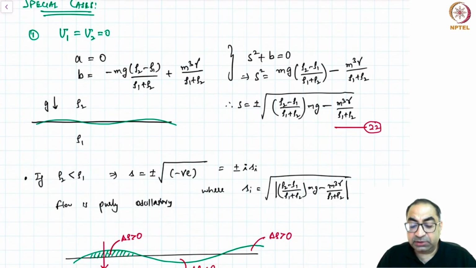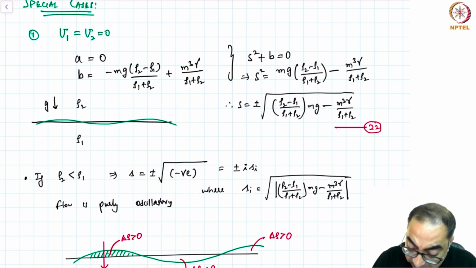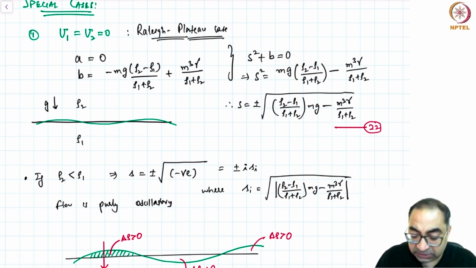So instead, we start looking at special cases. Special case 1 is where there is no motion, no velocity at all. This is the Rayleigh-Plateau case. I'm calling it a case because it's not necessarily unstable. Rayleigh-Plateau instability occurs when you have a heavier fluid sitting over a lighter fluid.